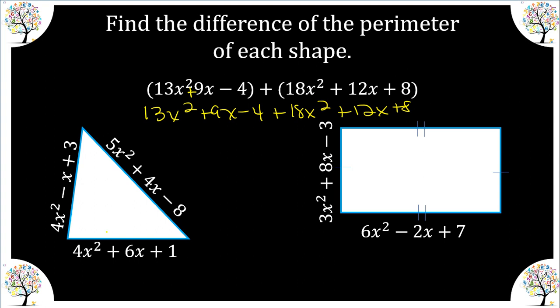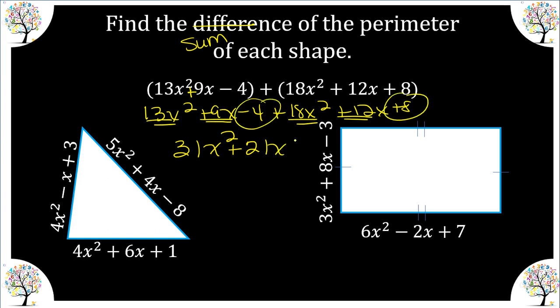This says difference, but it should say sum. So let's combine and our quadratics, we're going to get 31x squared, and then the linear terms, that's going to give me plus 21x, and then we have our constant, and that gives me plus 4.